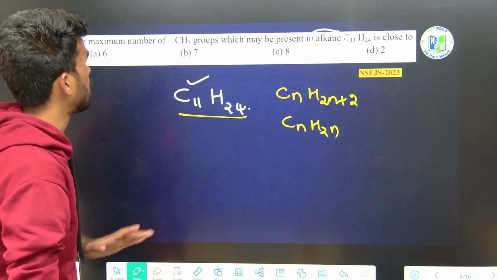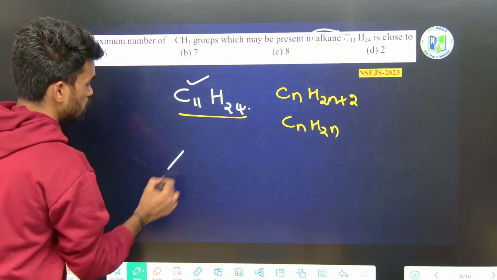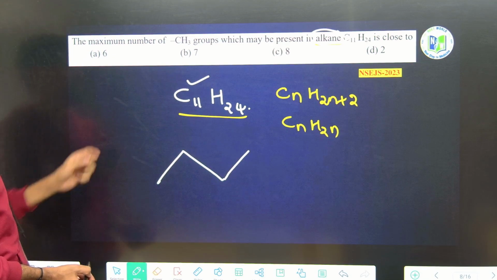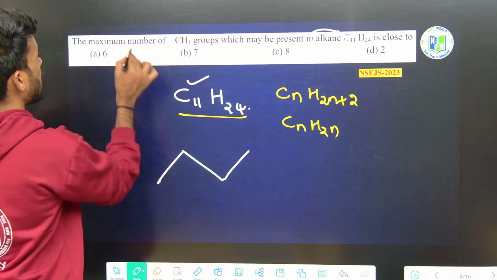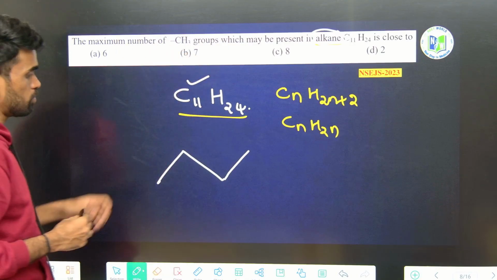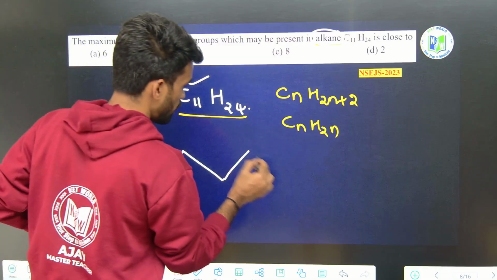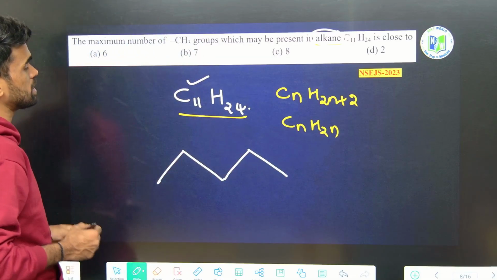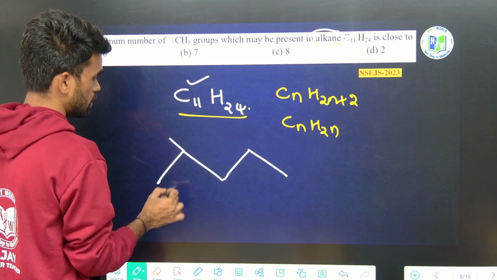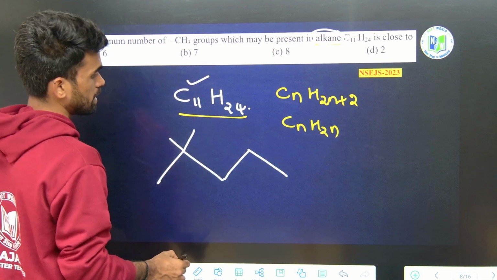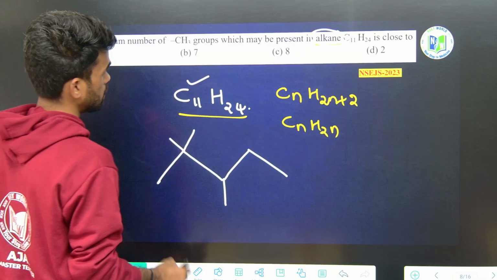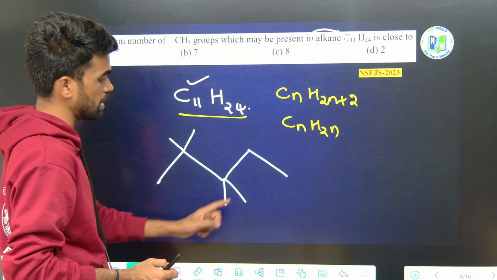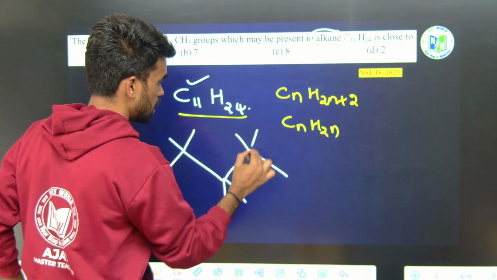Now we know it is an alkane, so now try to construct a structure having the maximum number of methyl groups. So I am placing 4, 5 like this, 1, 2, 3, 4, 5 I have placed. Now I am placing one methyl group here and one more methyl group here, and then next one methyl group here and another one also here. 1, 2, 3, 4, 5 over, 6, 7, 8, 9 over, 10, 11 over.